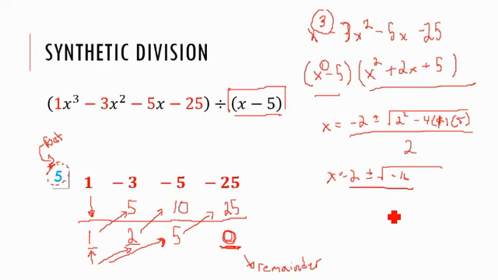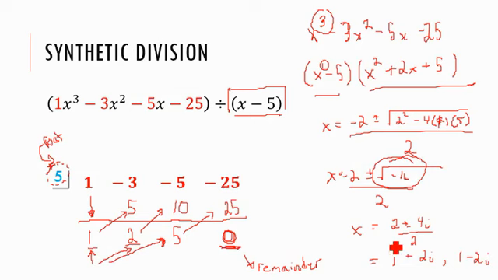Right there, I know that because of this discriminant, my answers here will be imaginary. They will actually be -2 plus or minus 4i all over 2, which actually is -1 plus 2i and -1 minus 2i.